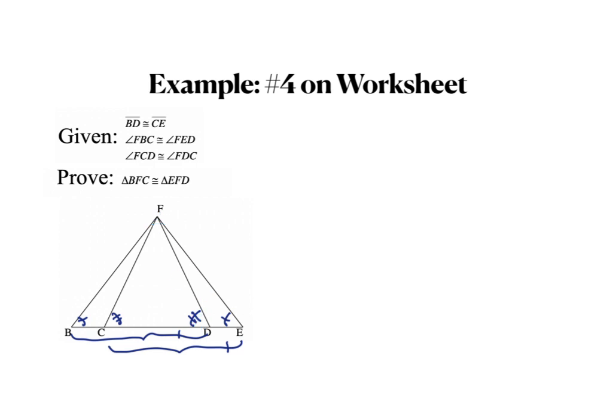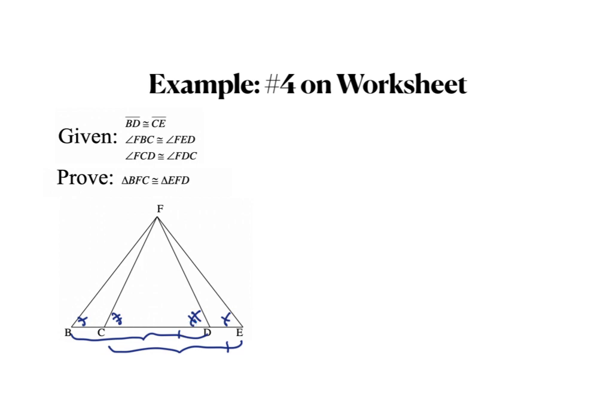Remember, anytime you want to prove triangles congruent, you basically need to find 3 congruent pieces from each of them, sides or angles. So let's take a look a little bit closer at this. I'm looking at this small sliver on the left and the small sliver on the right. Notice this angle is congruent to that angle.